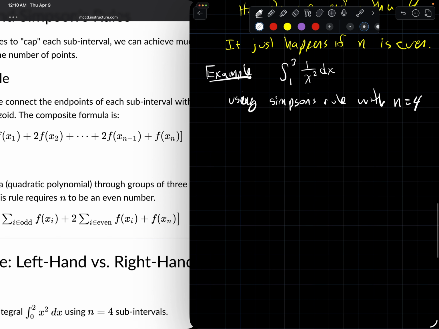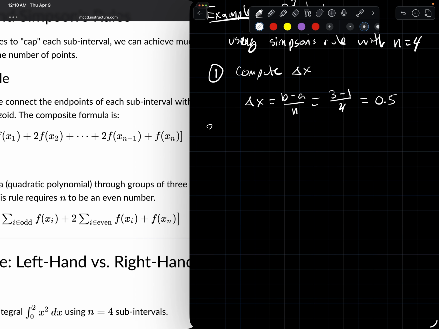It starts out exactly the same way. Our first step is to compute the delta x. So you end up with delta x, same thing, b minus a over n. So 3 minus 1 over 4, so 0.5. Exactly the same as before.